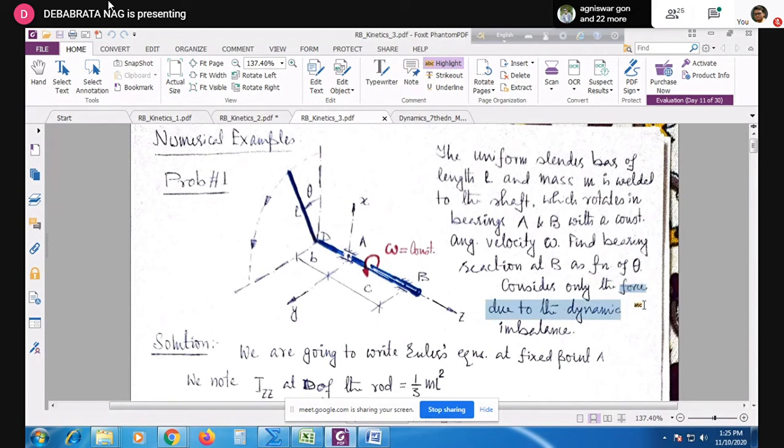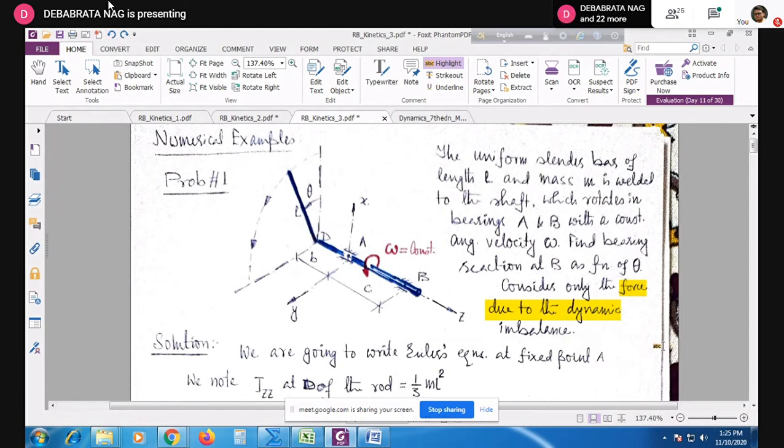So you see, a very important thing, consider only the force due to dynamic imbalance. What does this mean? This means consider only the force due to the dynamic imbalance. It means only because of the dynamic action, so you do not have to take into account the self weight of the system.